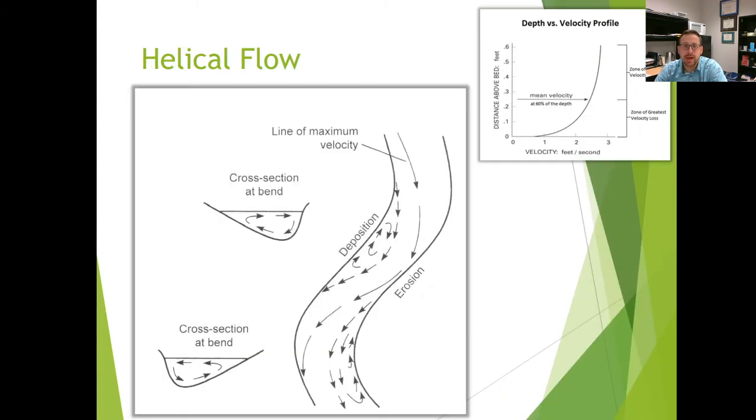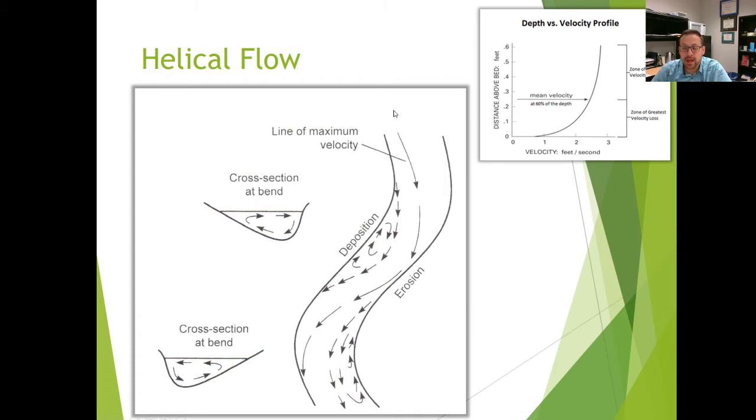Now, when we look at how water is actually flowing down the river, remember that it's fastest at the top, and as you get closer to the bed of the river, the water bumps into the ground, and then you have more friction, so the velocity goes down to eventually zero as you come in contact with the sediments.